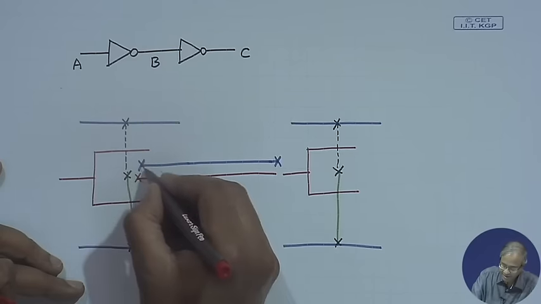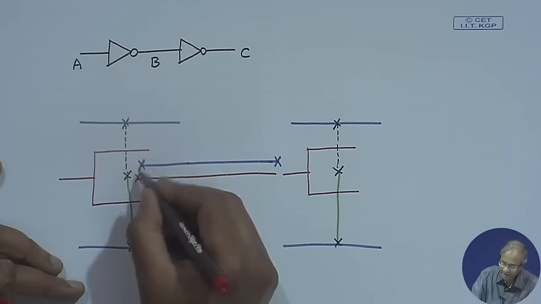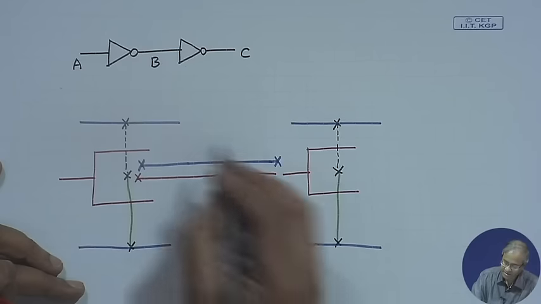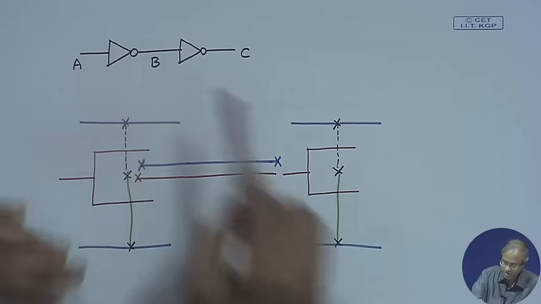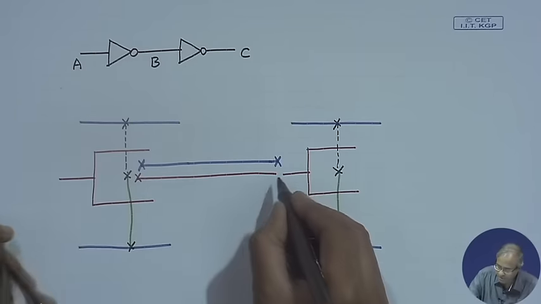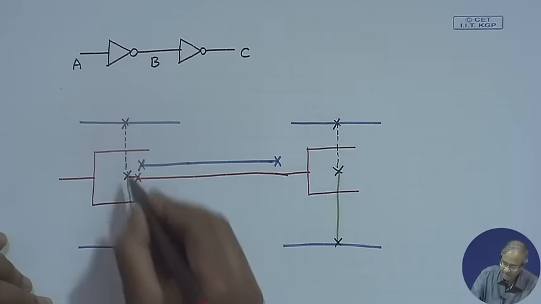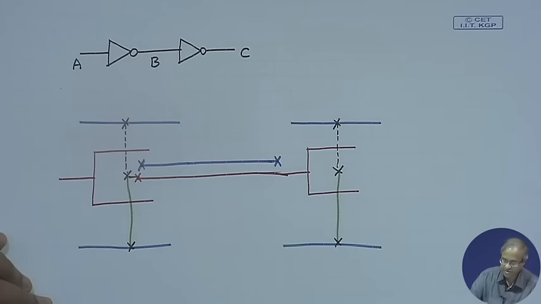Each of these contacts occupies additional area, and also incurs additional RC overheads, delays and other things. So, reducing the contacts is a good thing. If these two transistors are closer together, then you can possibly connect them directly like this, and the output you can take on polysilicon, so that it can be fed directly to the next gate.